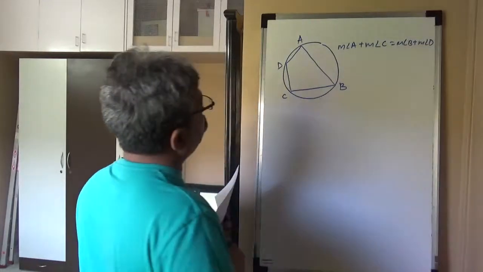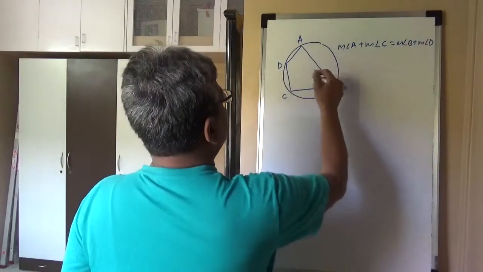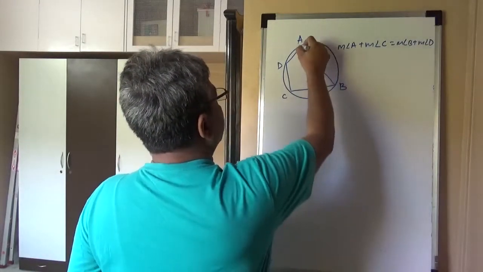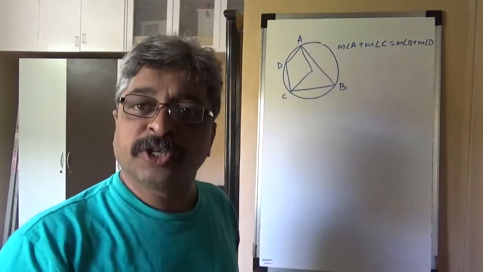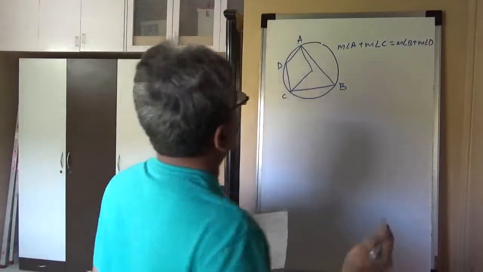Now, how do we do that? Basically, if we use the inscribed angle property, this particular theorem is also easy, you should try yourself, but if not, then try to do this.